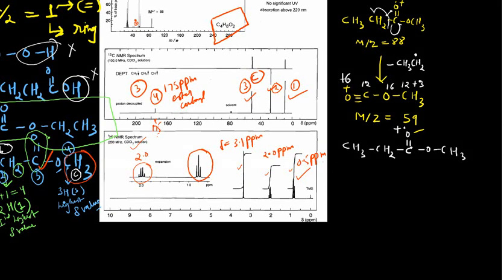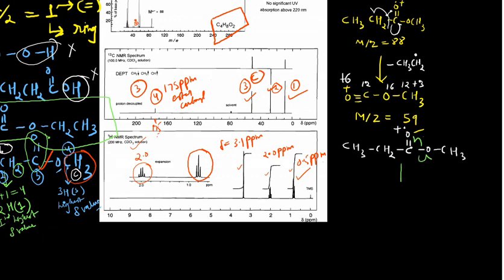Now you can fragment this ion in another way, and what fragmentation pattern will you use for this? For this you can cleave this particular bond. Say you are cleaving this particular bond, so one electron will go with this one, not this one, very sorry. Cleave this, because it is the alpha cleavage, cleave this bond and this bond.